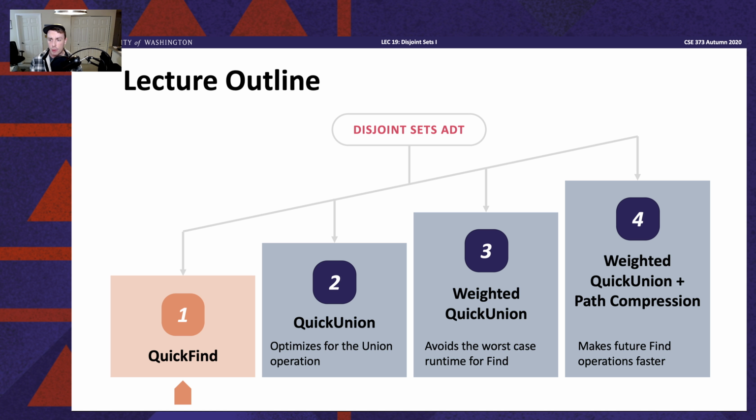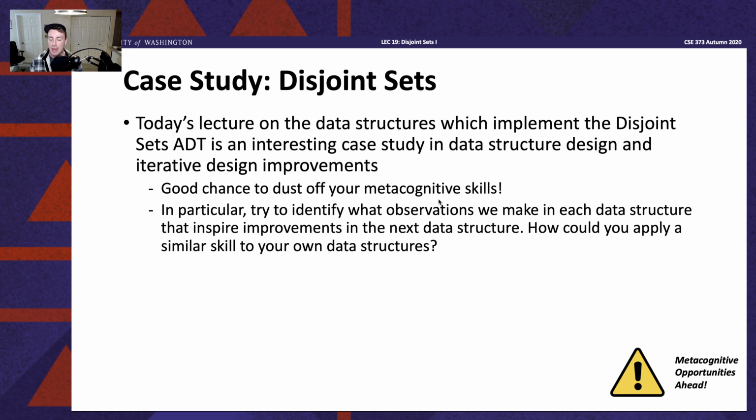One thing I want to highlight, though, before we go into what all these applications are, is this disjoint sets case study is really, really useful as a metacognitive opportunity. So disjoint sets is a very cool ADT, and we'll see many improvements on our implementations to get to this final one.